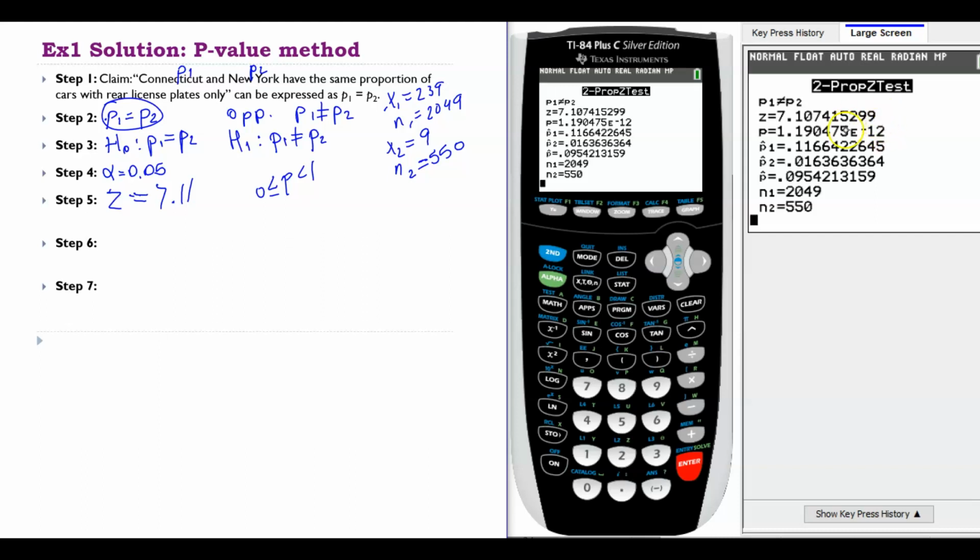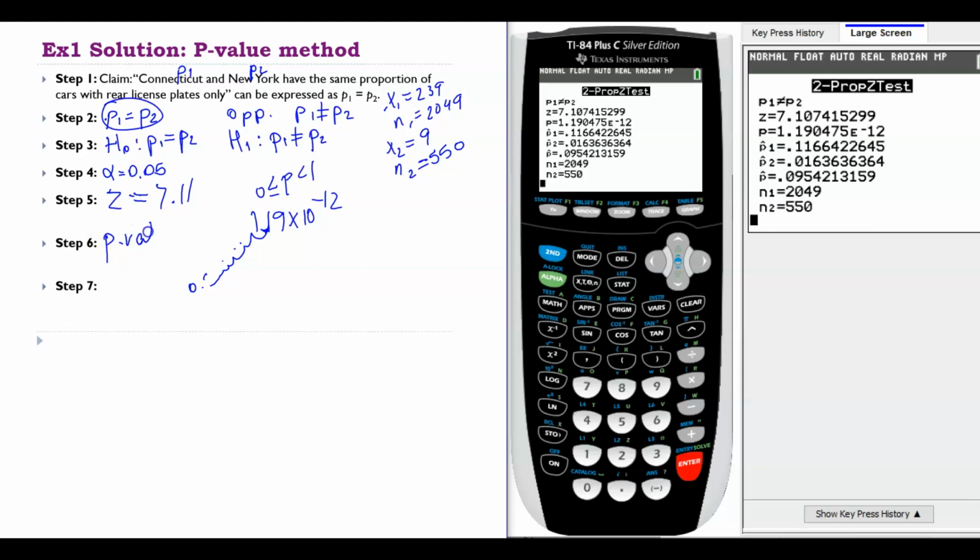Wait, there is E to the negative 12. That means 1.19 times 10 to the negative 12 power. That means that we need to move this decimal 12 times to the left. Can you imagine what a tiny value we will get here?